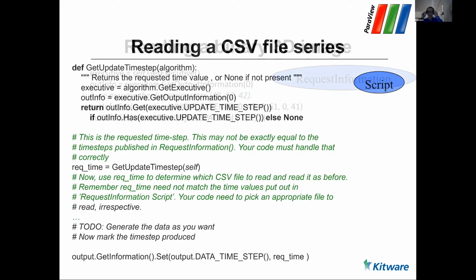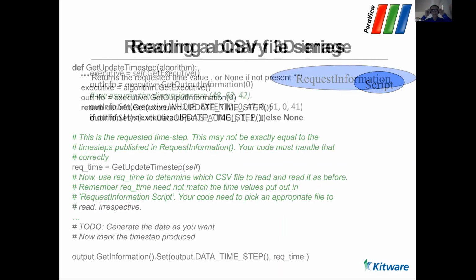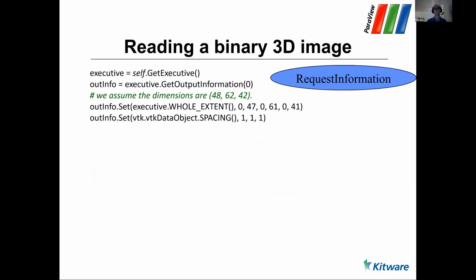Okay, so let's look at another example. So this is the reading binary 3D image. In here, you have to specify in the request information the extent of your data and the spacing, and also the origin.